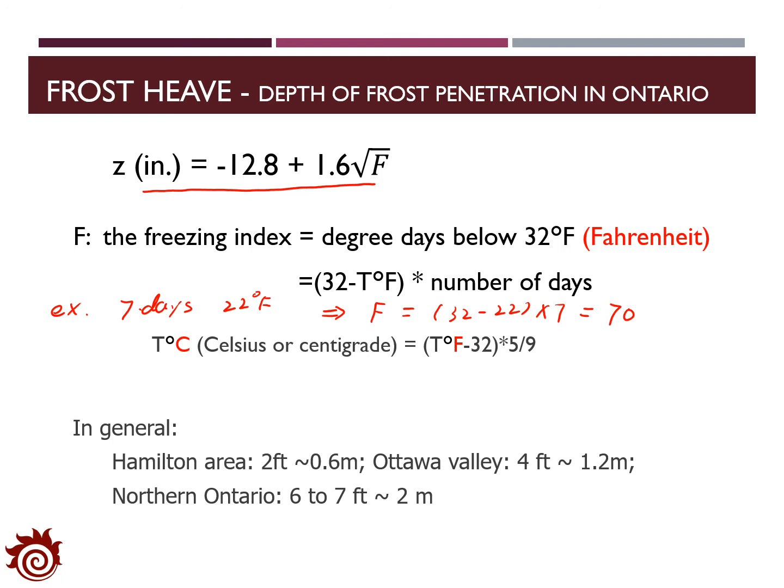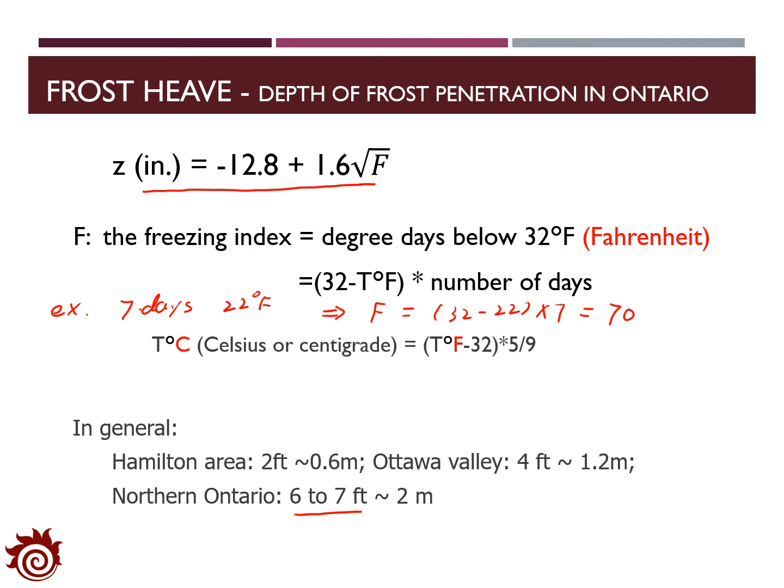In general, the frost penetration in southern Ontario is around 10 centimeters, but it can go up to 2 feet or more depending on the type of the soil. In northern Ontario, the depth is around 6 to 7 feet, which is about 2 meters.